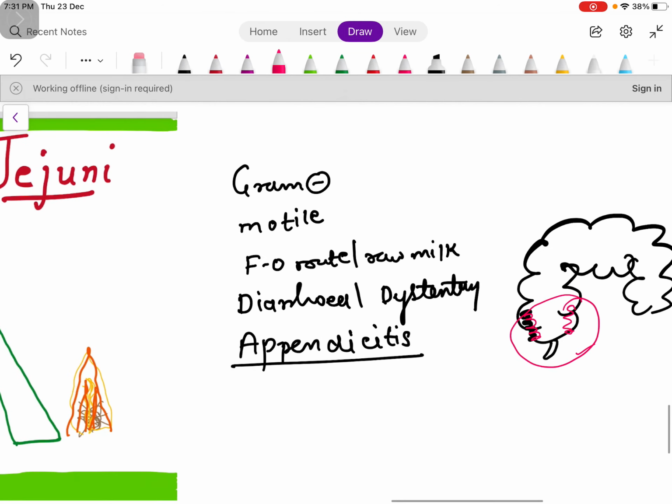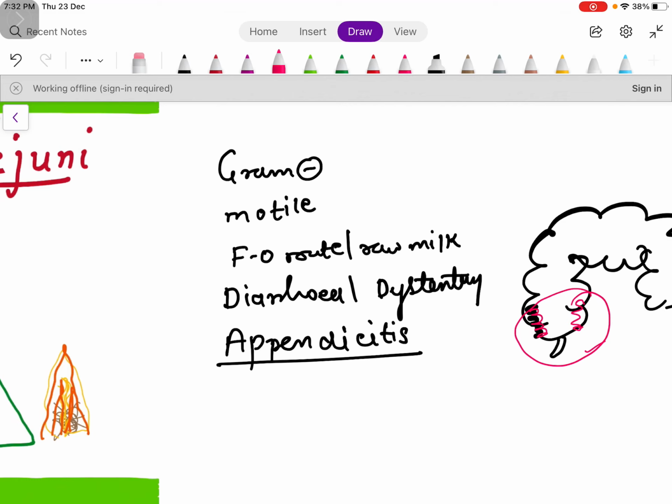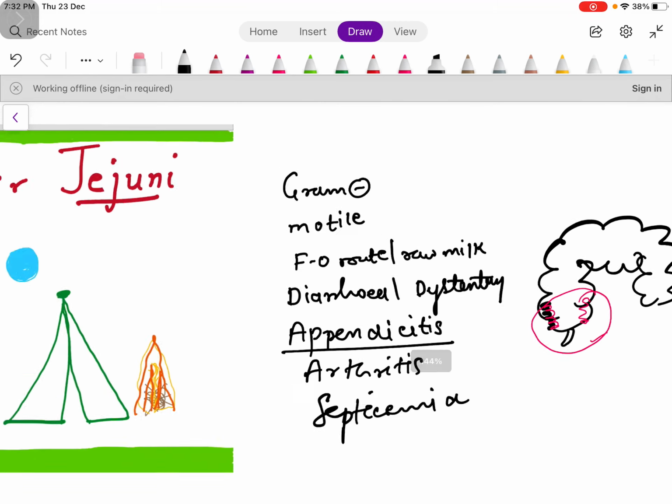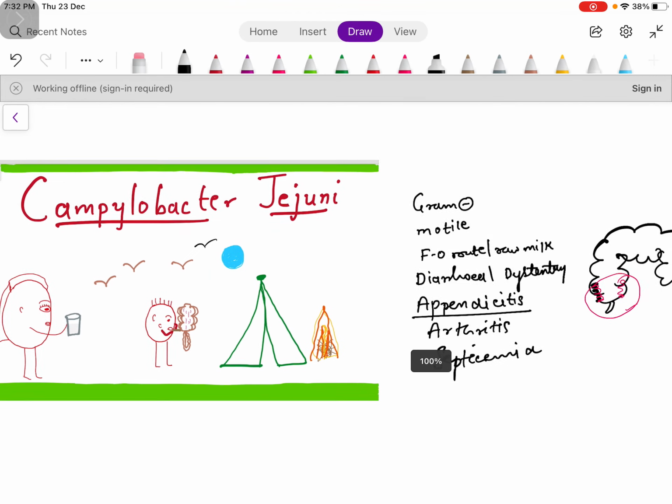So yeah, in clinical practice we face all these challenges, so we should know each and everything as far as possible, right? So it can also cause arthritis, okay, and septicemia if the infection is not controlled in time.